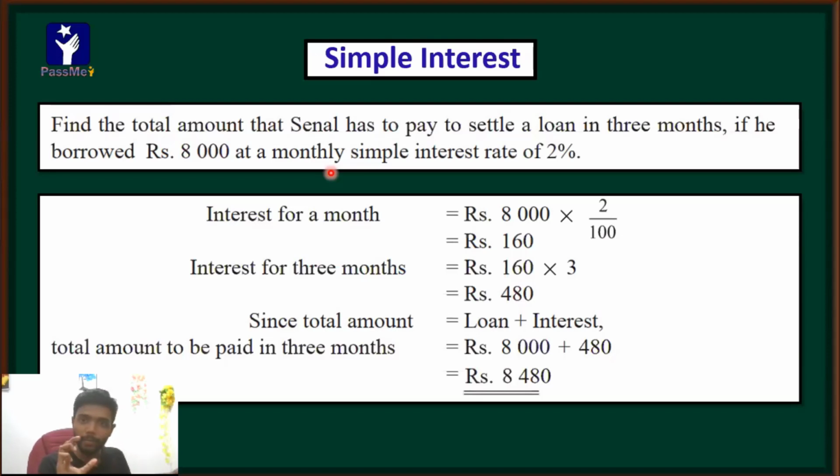Imagine I have 100 rupees. I go to the bank and deposit it. After 1 month, I go to the bank and ask the person there, excuse me, can I check my balance, please?